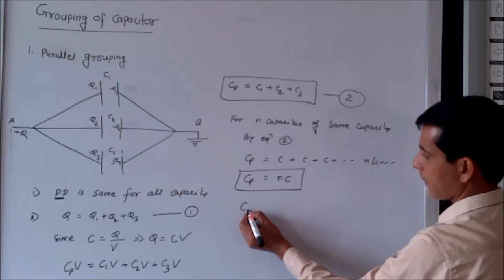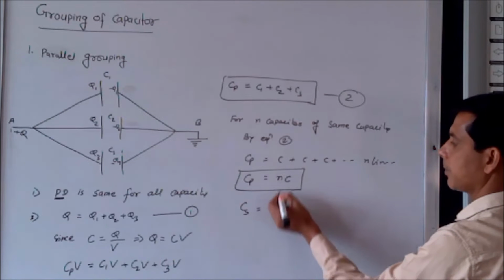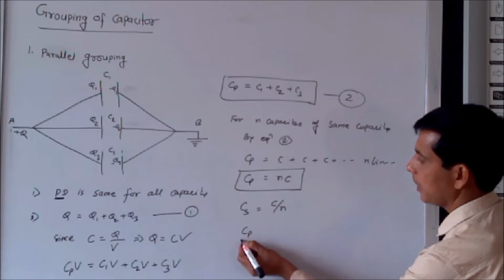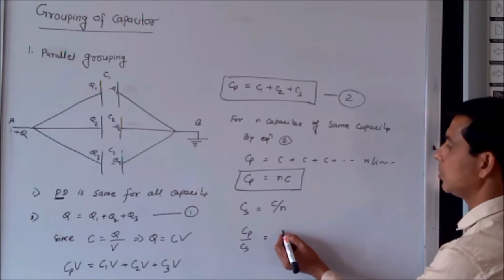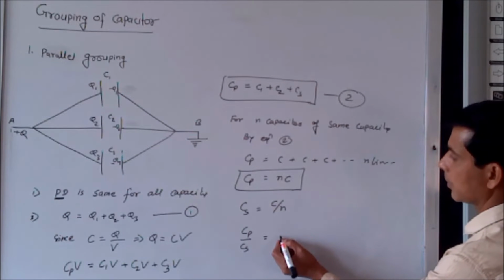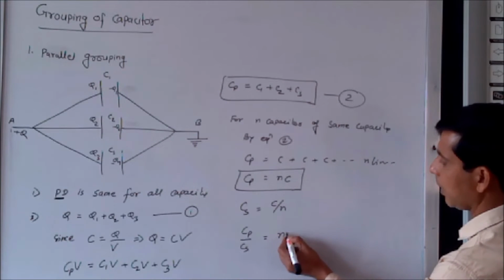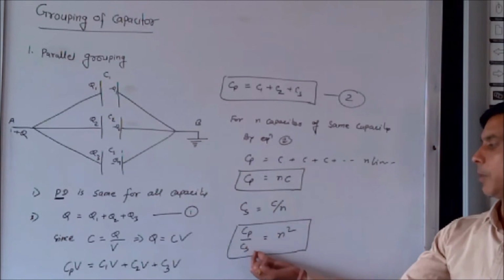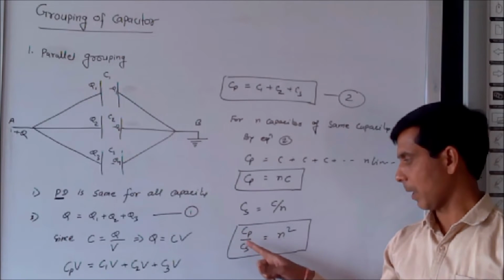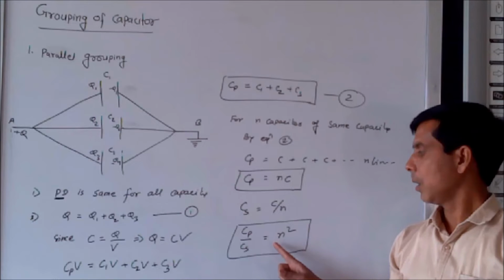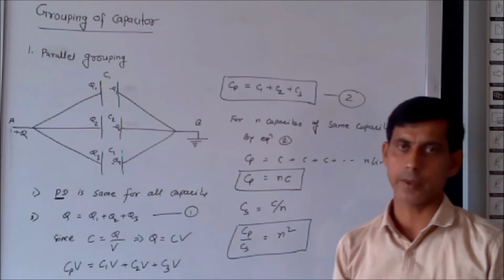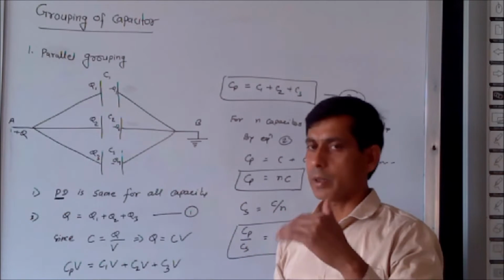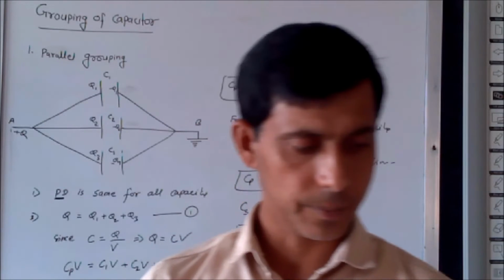In a series combination, we get C by n in this condition. Therefore, the ratio of Cp upon Cs will be equal to n squared. It is an important relation between Cp and Cs for n capacitors of the same capacity. That means in parallel grouping, the resultant capacity increases.